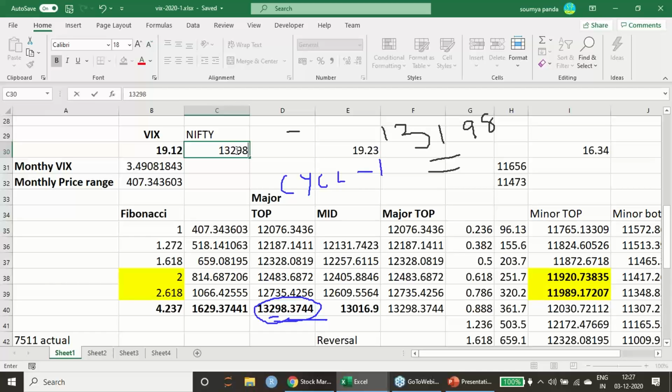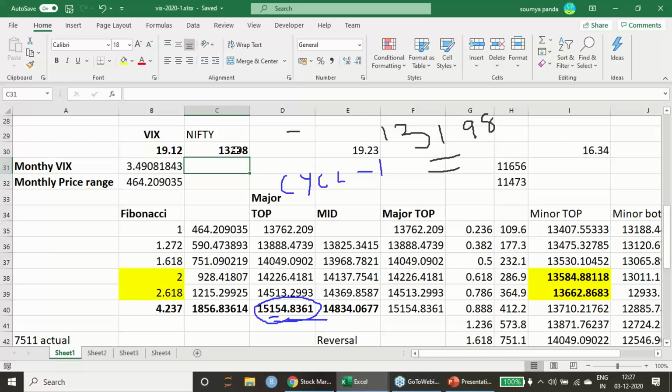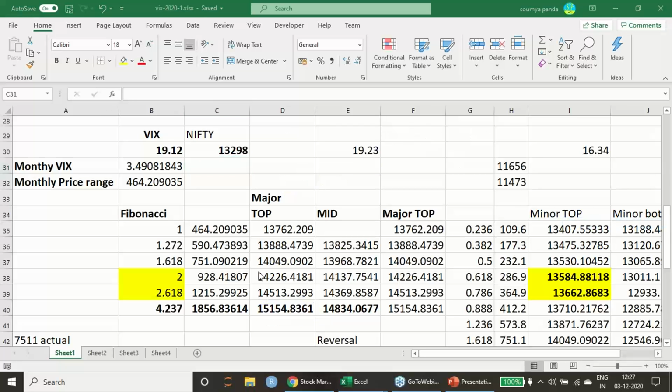Once the price hits 13,298, we can change that level to 13,298, so we can get our next top, while the VIX values remain the same. The next tops are 13,762 and 13,888, and in between we also have to find the mid levels. This will be the second cycle top calculation.